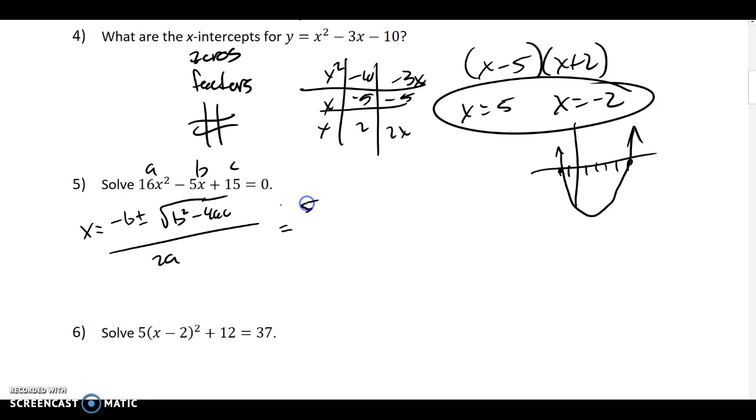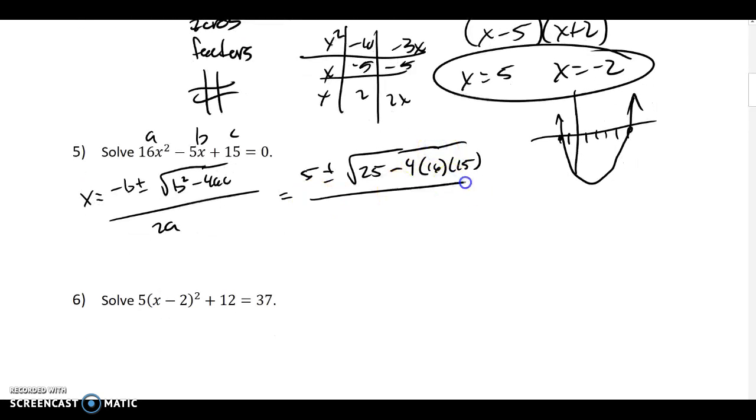So we're going to have 5, because -5 negative makes a positive. -5 squared is 25. 4 times a, which is 16, times c, which is 15. All over 2 times 16. And then from here, we're going to break it down, and we're going to solve it. There's probably going to be some imaginary numbers in this process. I'm going to go ahead and just reach for a calculator real quick.